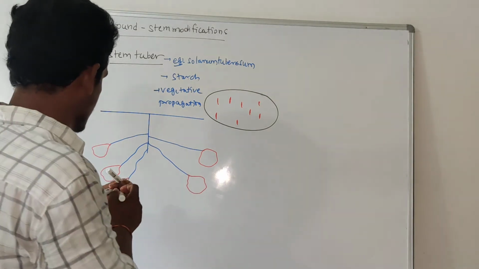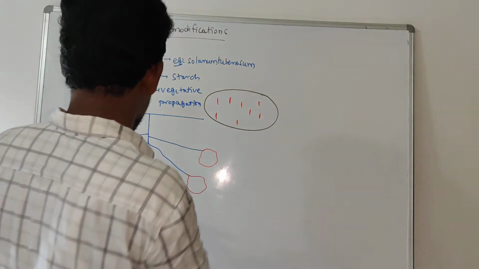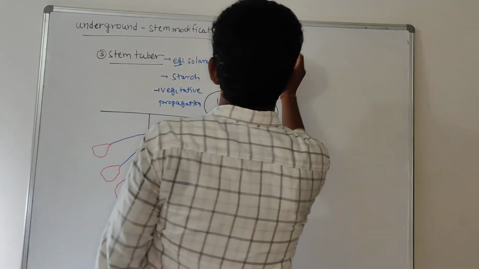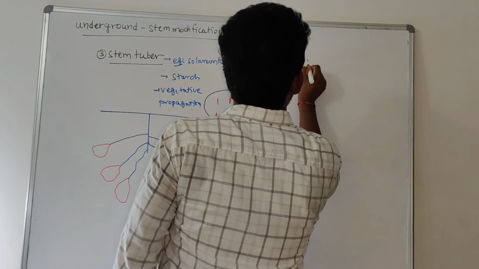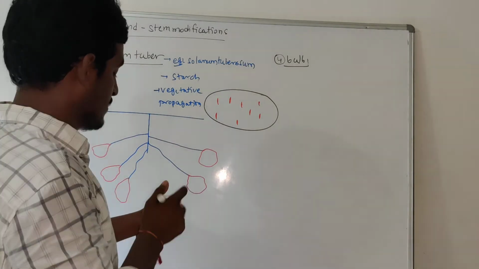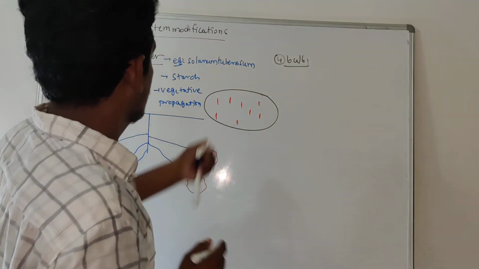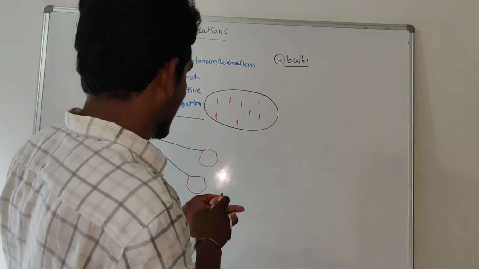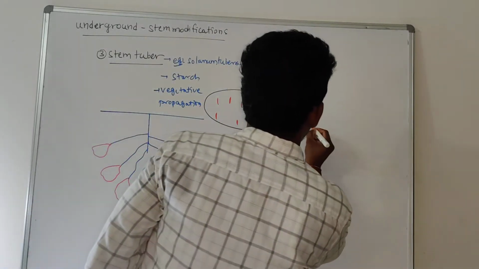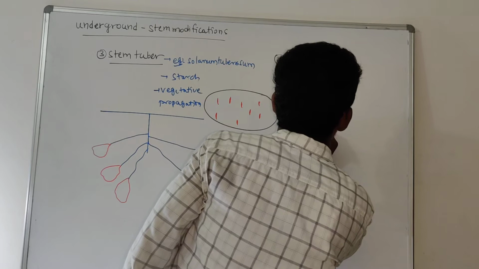The next one is bulb. What about bulb? In a bulb, the stem is modified into a disc-like structure, a biconvex structure.